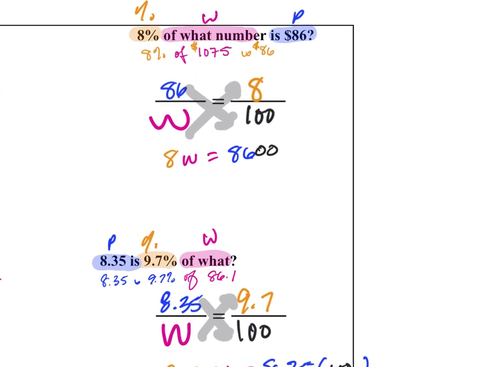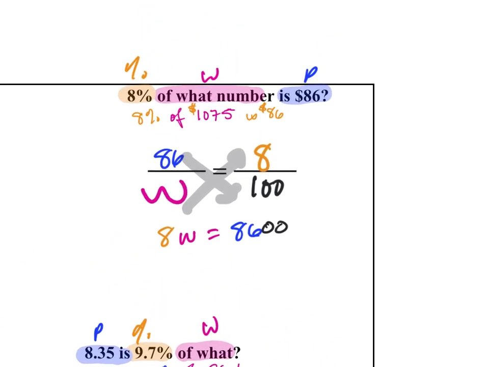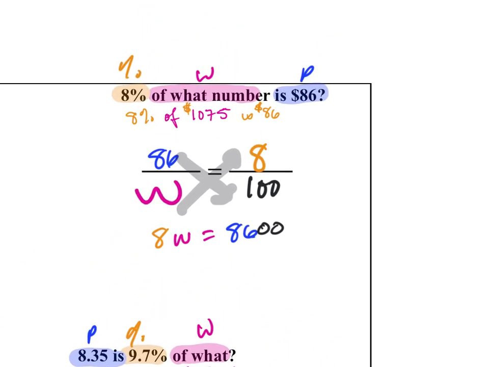When I look at this one, they give me the percent and the number that's attached to the word of, so that means that's the whole, which is $86. So then what I do is I take 86 times 100 and 8 times W. Those two are equal.